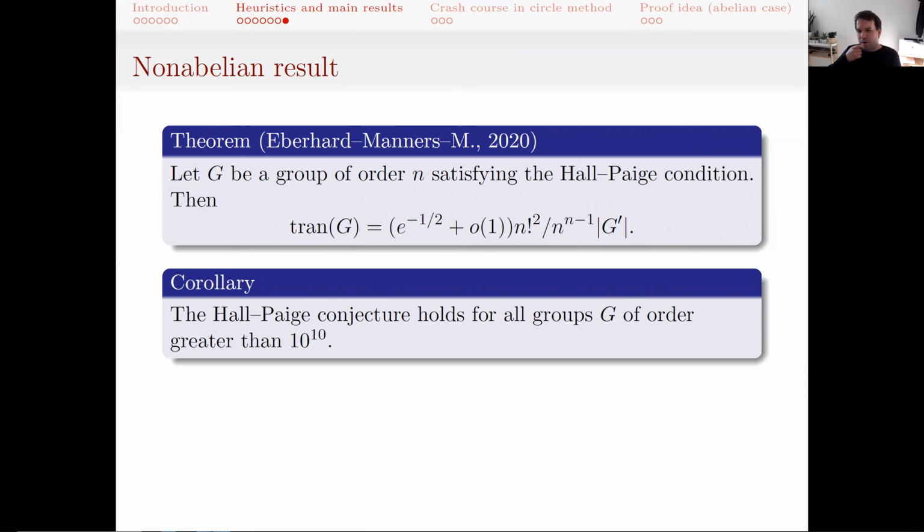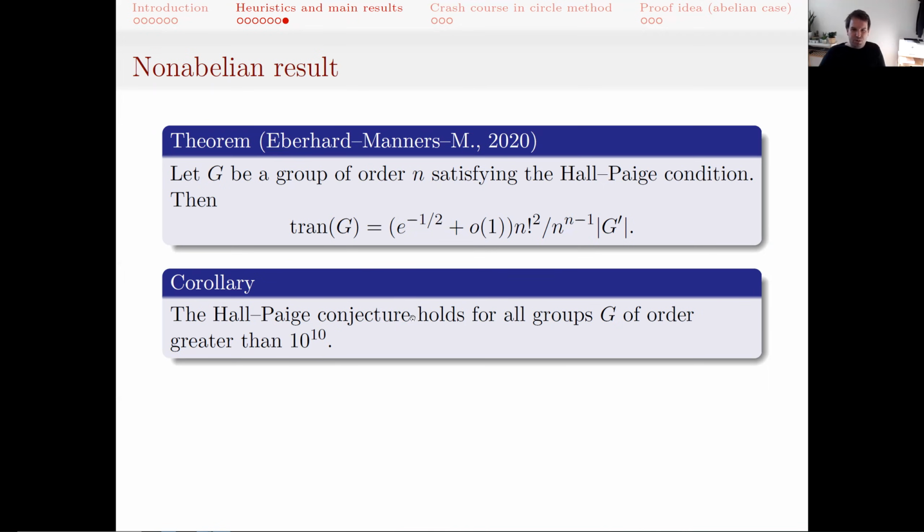Unfortunately, this little o(1) tends to 0, but not super fast. It's certainly faster than these rates that we got used to in analytic combinatorics, but still you have to take the order of the group to be at least 10 to the 10.